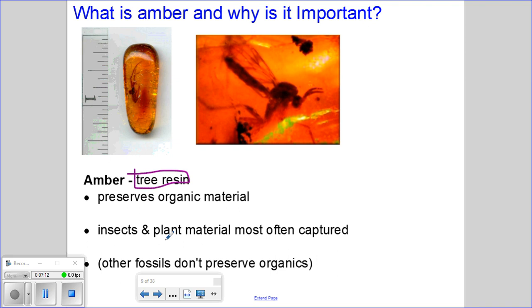Amber is useful in that you will find preserved organic material within it. Other fossils don't preserve those organic materials. Now, if you've ever seen Jurassic Park, you will recall it is these amber specimens that have these mosquitoes in it, which was used to retrieve the dinosaur DNA, which was ultimately used to clone the dinosaurs for Jurassic Park.